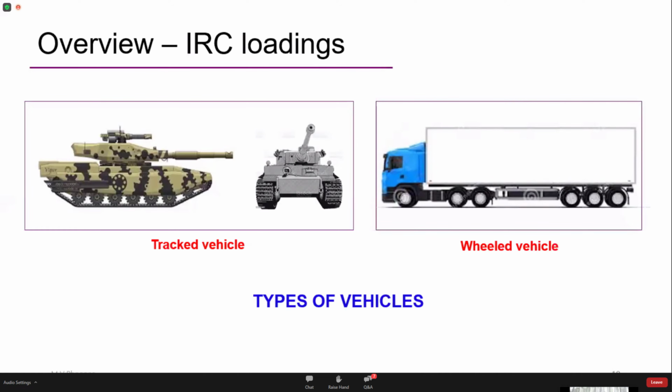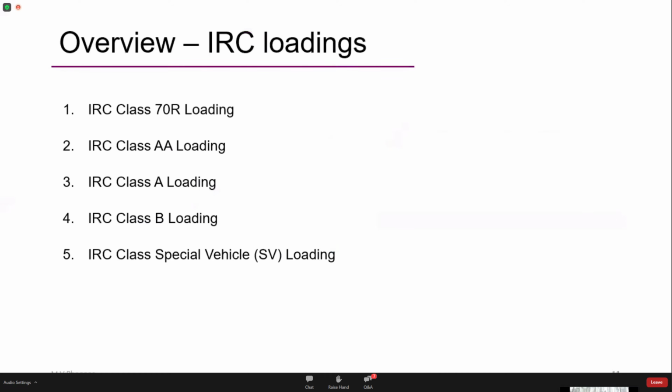By changing the configuration of these vehicles, the different loading classes have been defined. Very quickly, we will go through those different types of loadings. IRC 6 has given us these 5 classes of loadings: IRC class 70R, IRC class AA, class A, class B, and the recently introduced special class vehicle loading.